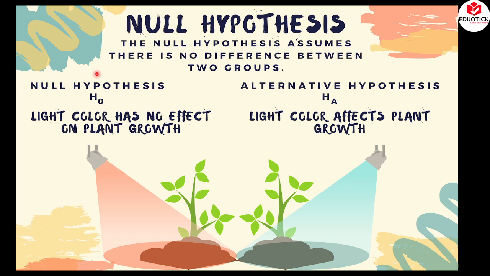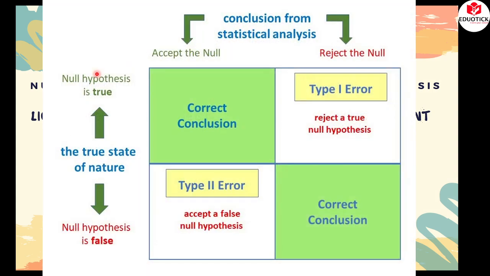The alternative hypothesis is the opposite of the null, so if it is true, then the null hypothesis must be false. So the conclusion from that statistical analysis is, if we test the null hypothesis and it is true, that will be a correct conclusion.